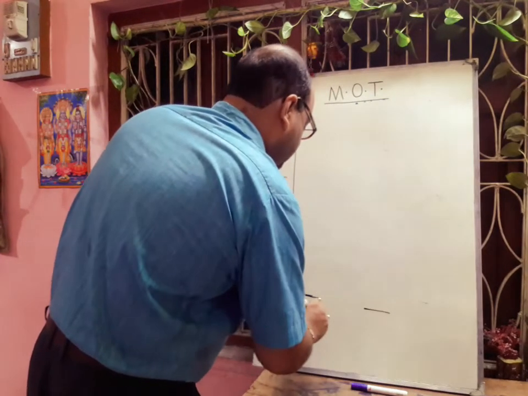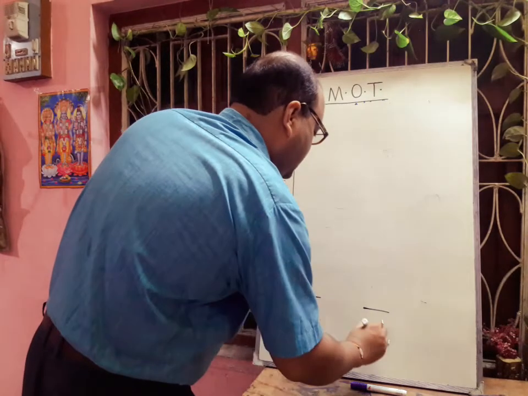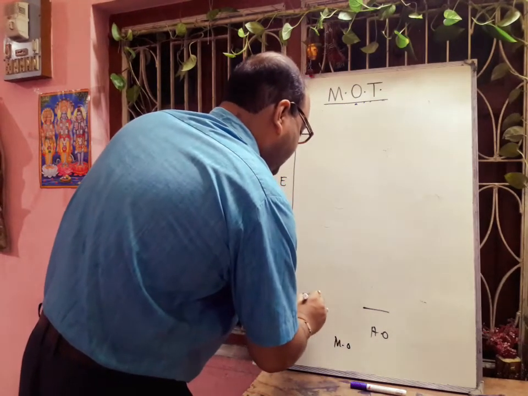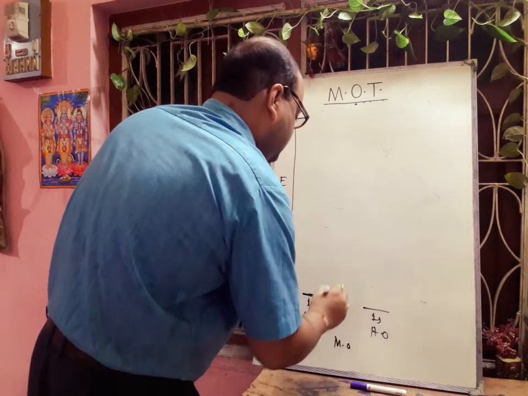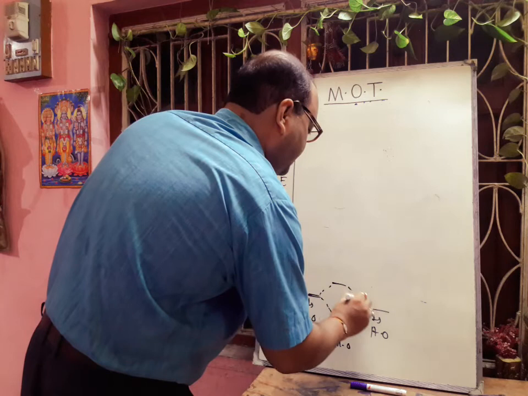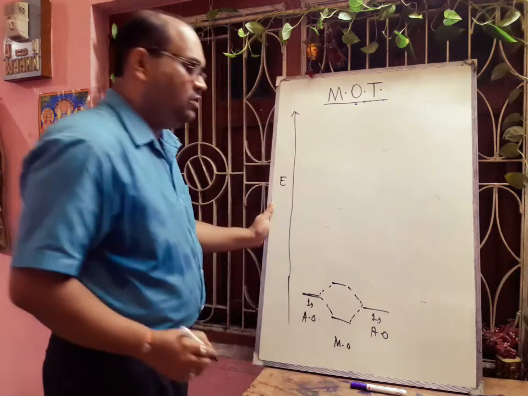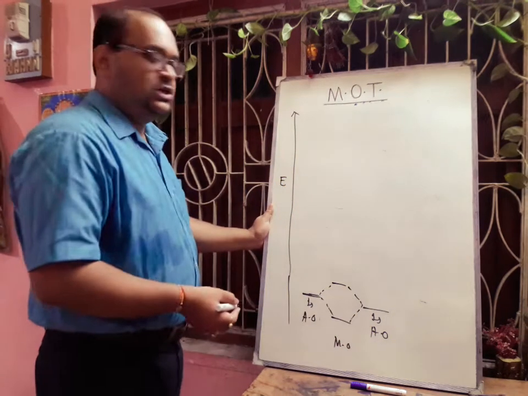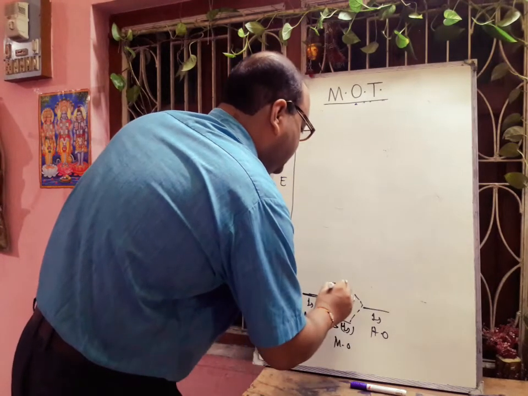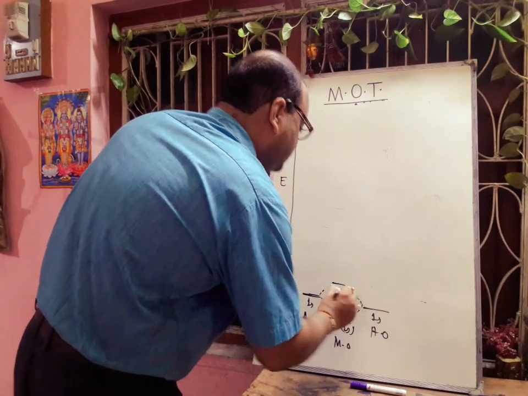This is for 1s, these are the atomic orbitals, and in the middle there will be the molecular orbitals. So this one is the 1s and this one is the 1s. When they combine, one molecular orbital will be at the lower level, another at the higher. This one is called sigma 1s and this one is called sigma star 1s.